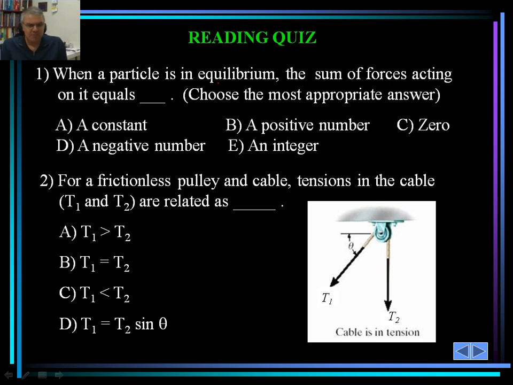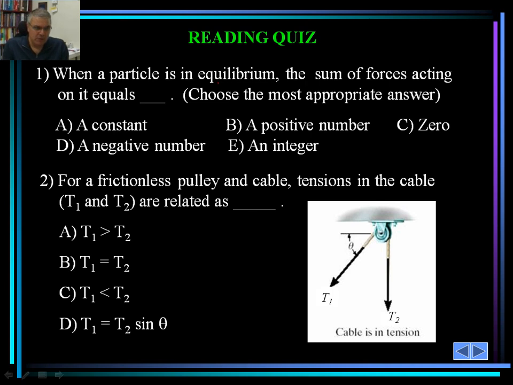If the pulley and cable have no friction, they're frictionless, then the tensions in the cables T1 and T2 are, let's see which one is the correct answer. T1 is greater than T2, T1 is equal to T2, T1 is smaller than T2, or T1 is T2 sine of theta.